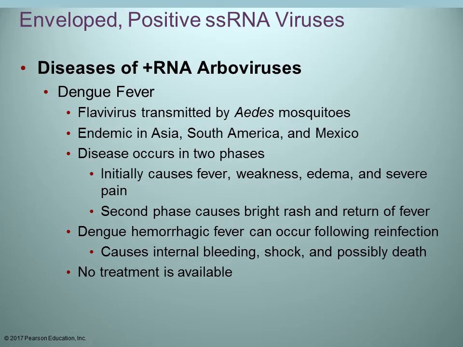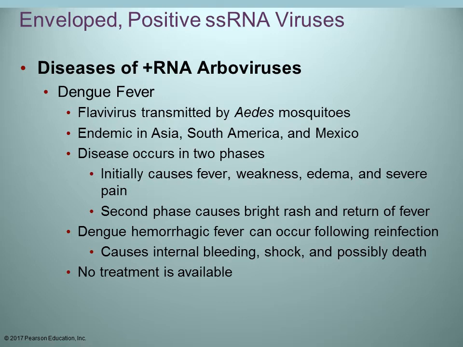But then in the spring, summer, and fall, as the temperatures warm up, you would have an increase in the number of cases because you have an increase in the number of the vectors, in this case, the mosquitoes. If you can control that mosquito vector and keep those numbers down, preventing it from transmitting the disease, then you would see a decrease in the number of cases.